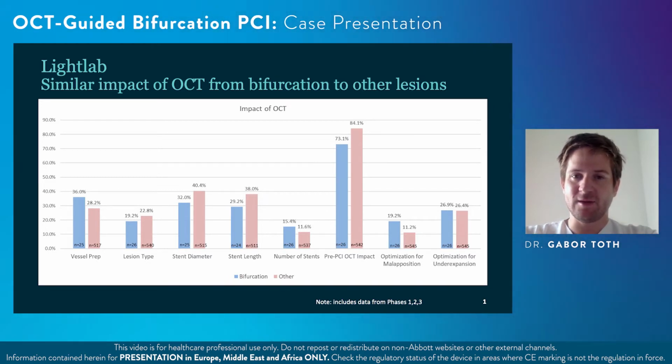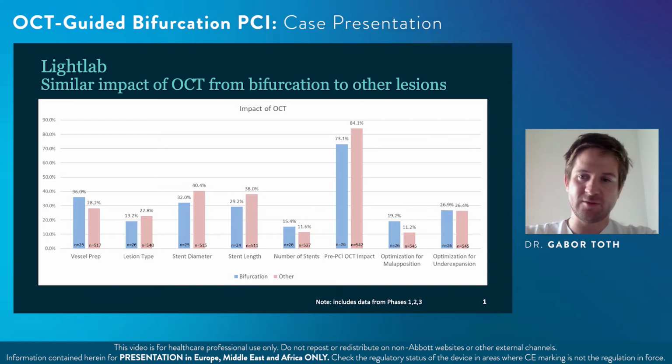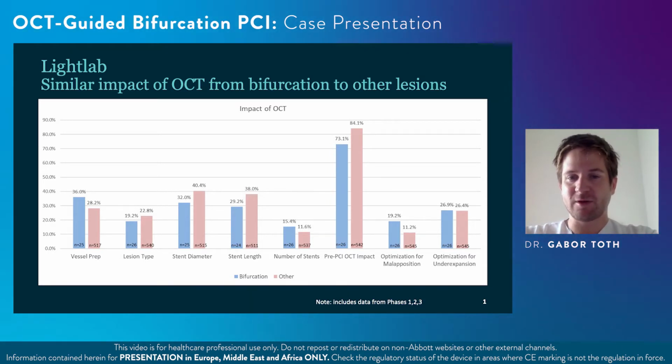As you can see here, even in bifurcations, there was quite a large number of cases where the OCT-derived information completely changed the previous strategy of the operators, as it was used before or during the PCI. I'm sure that in this case, the use of imaging helped a lot to clarify some unanswered questions.